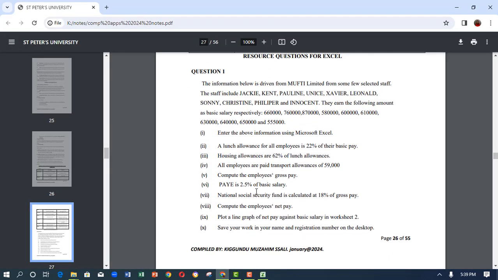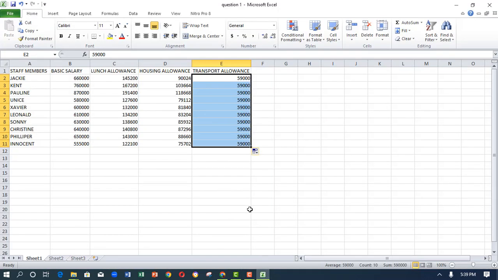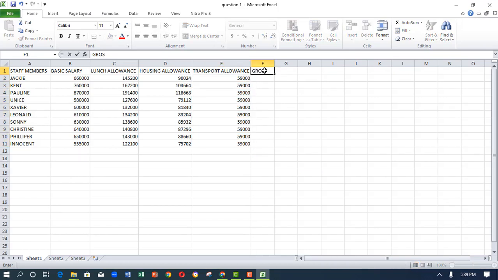They are saying compute the employees' gross pay. So now here we're going to look at the employees' gross pay.